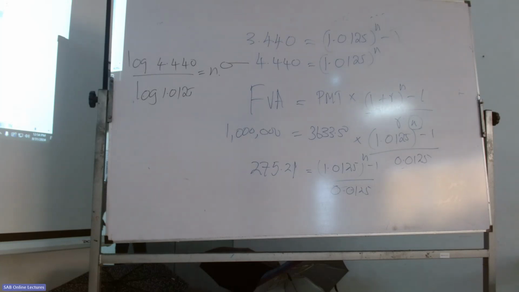Do you agree with her decision? No. Why? Now you know the concept, no? 100,000 today and 100,000 in 2 years are different because of the time value.